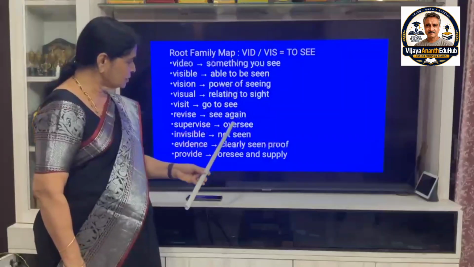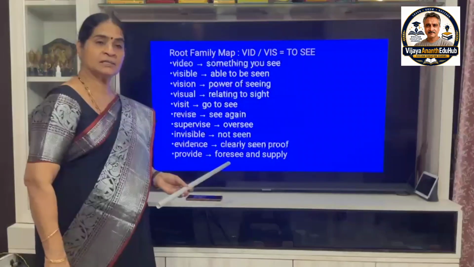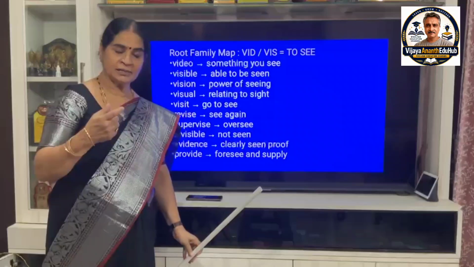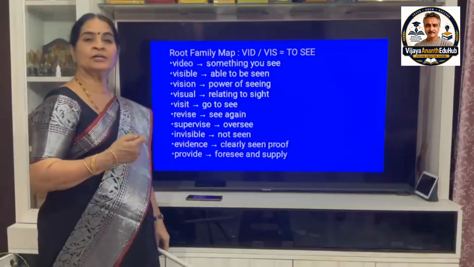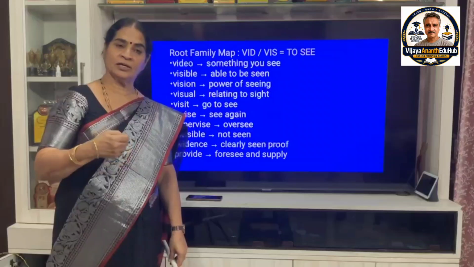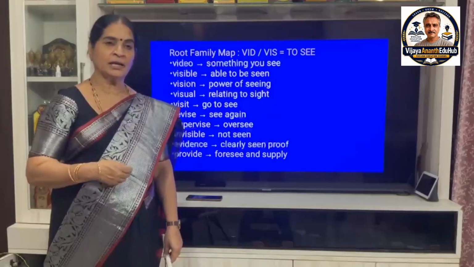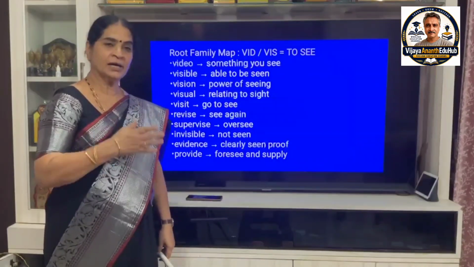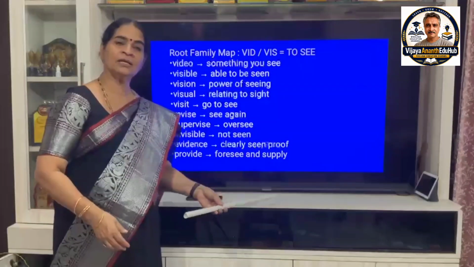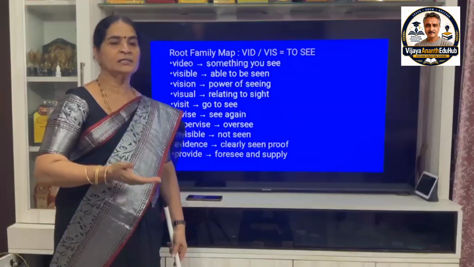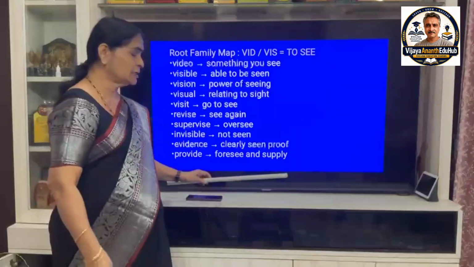All these meanings carry the basic meaning see. That is the beauty of the root: understanding the root, its origin, its pronunciation, and its meaning. If we understand the root thoroughly, we can guess the meanings of any word taken from that root.